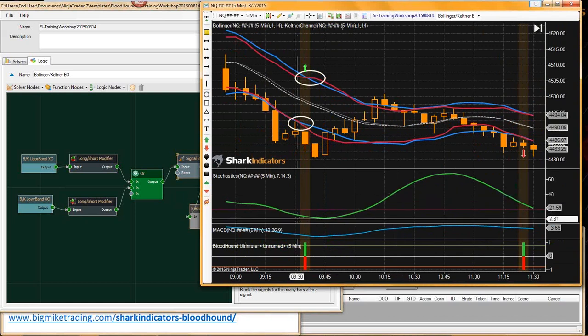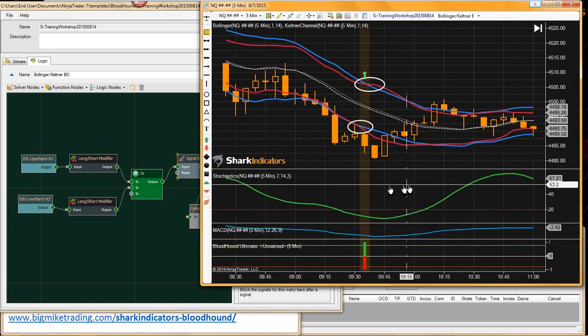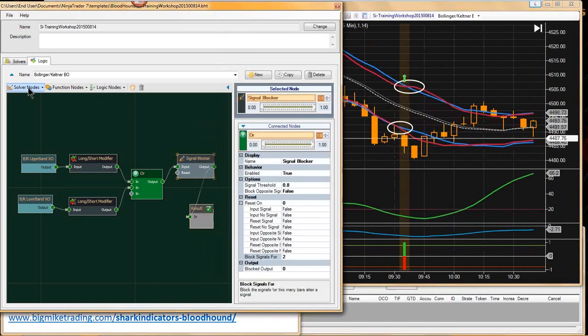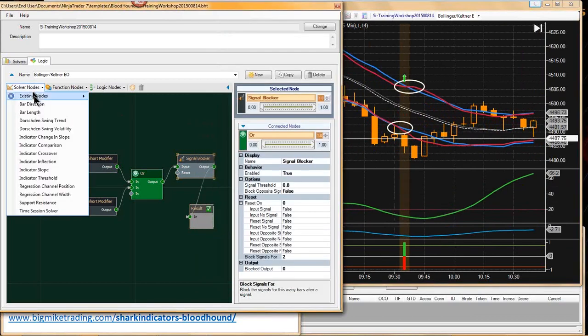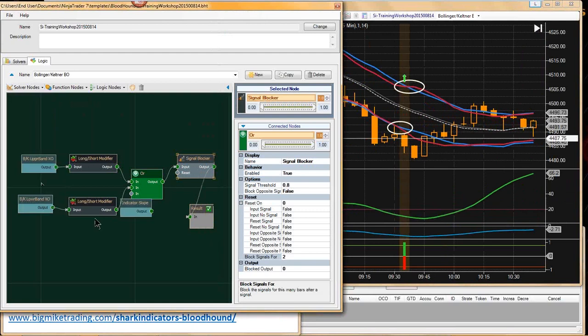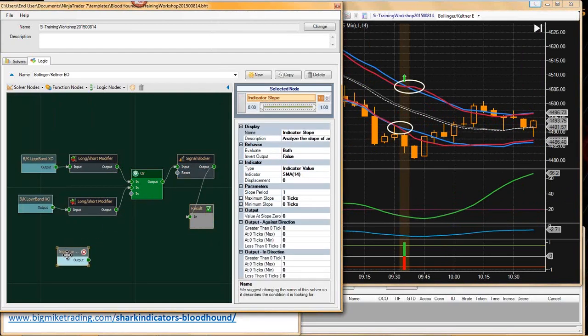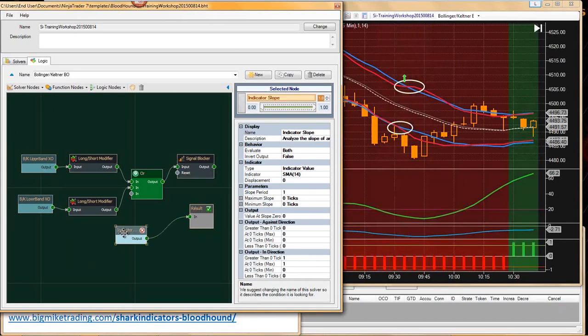So we need to filter it with the slope of the stochastics here. So let's grab a slope solver like so. Alright, we'll connect that up, and let's change the name here. So we're going to look at the stochastics.